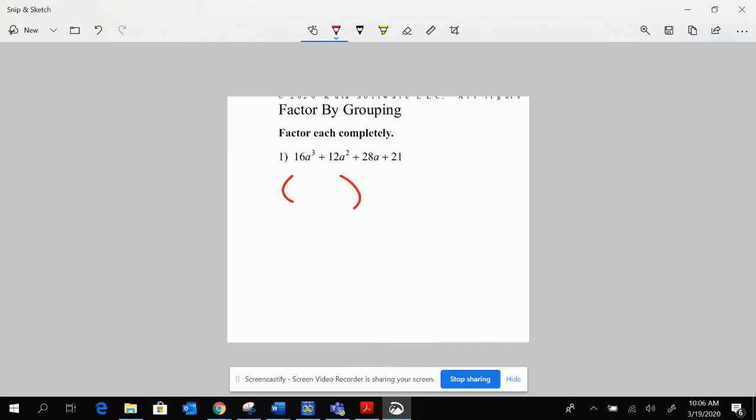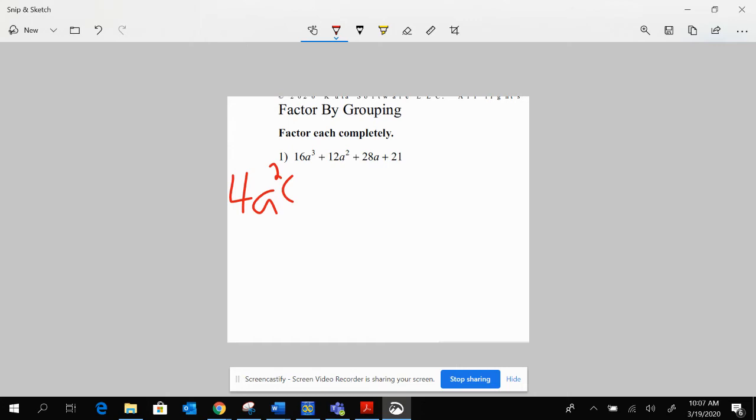What's in common with 16 and 12? Hopefully you know the GCF of 16 and 12 is going to be 4. You look at the variables. The first term has 3 A's, the second term has 2 A's, so they all have at least 2 A's. Now what's left of those 2 terms?